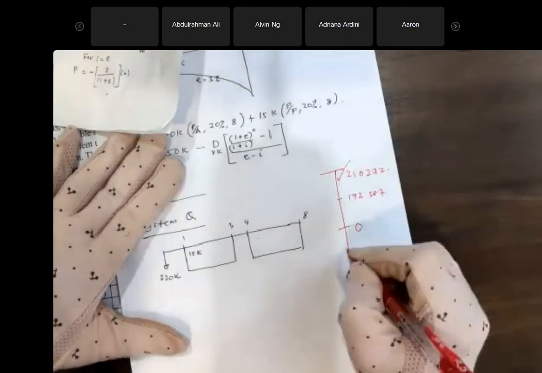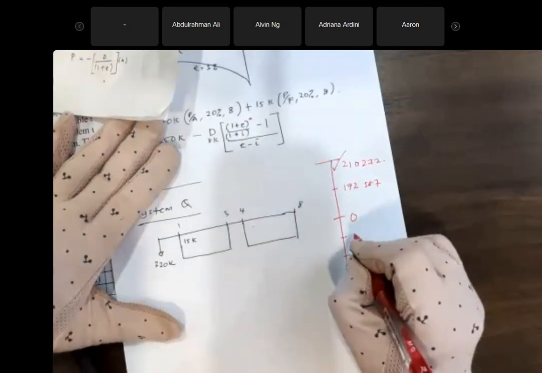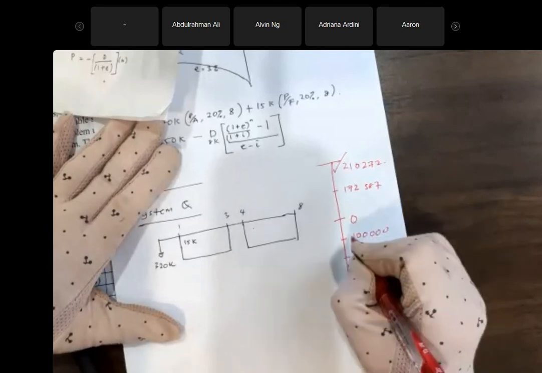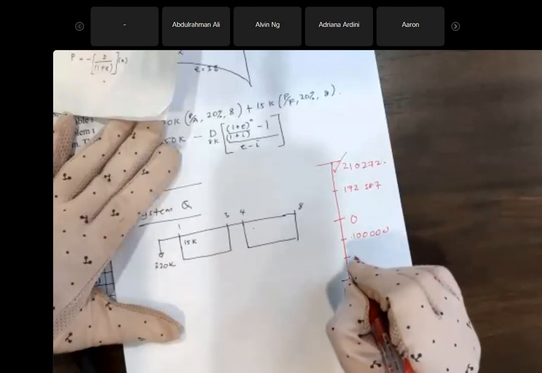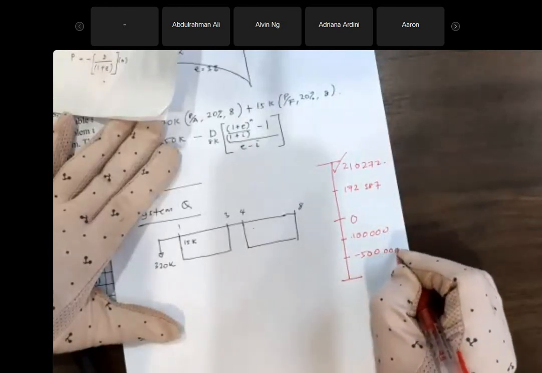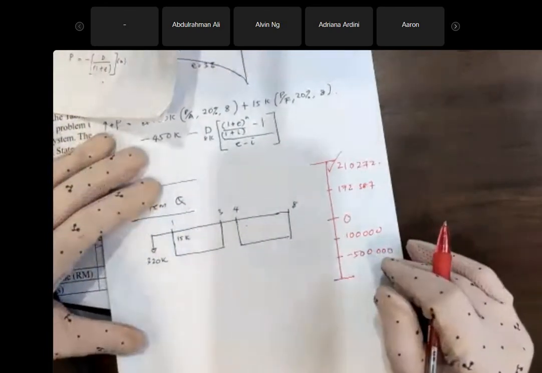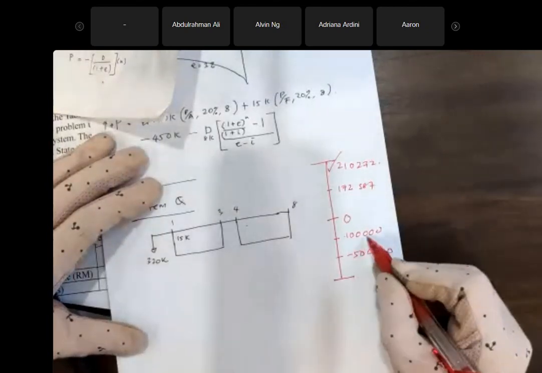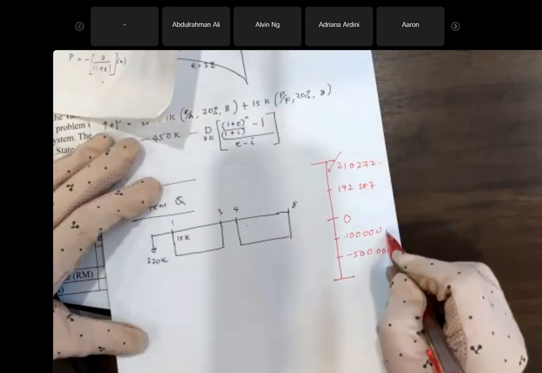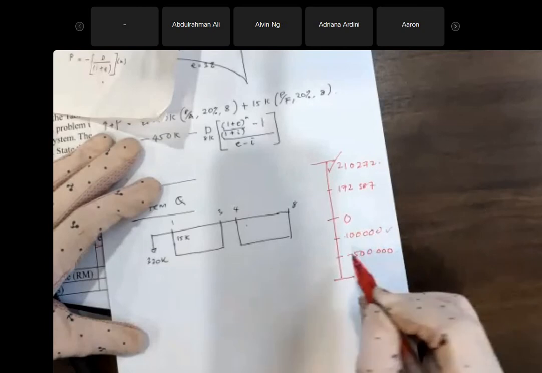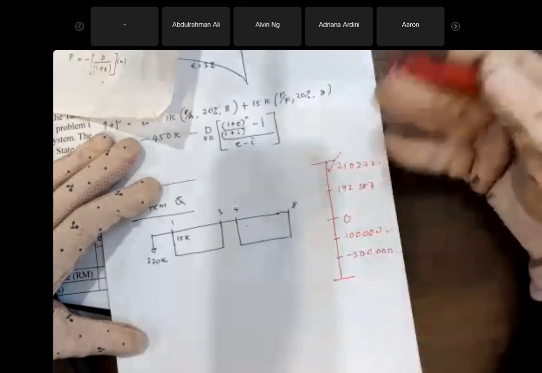Let's say you have other choices. One is negative 100,000 and the other has a cost of 500,000. Which one do you want to choose? You have to choose the one with less loss or cost, so you choose the bigger one, the upper one.